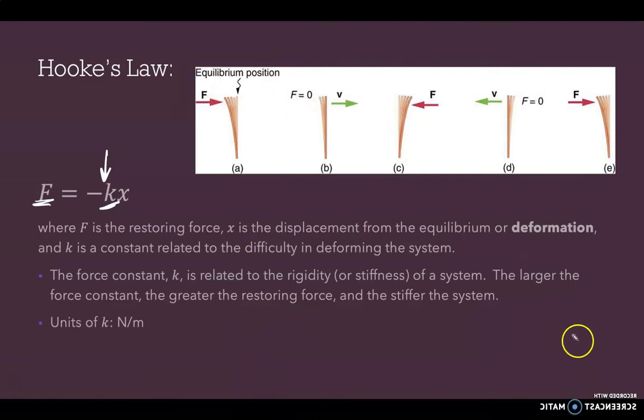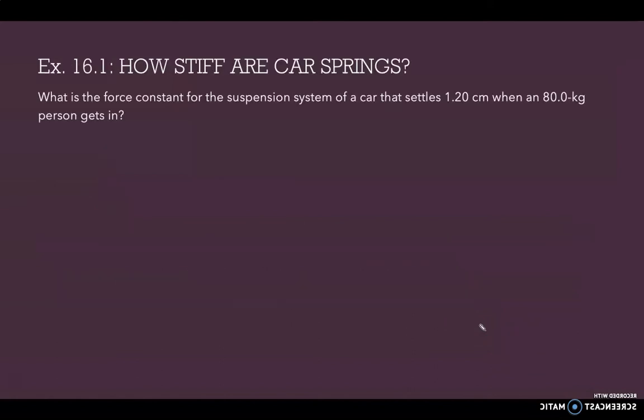One thing that I should note are the units of this constant are Newton per meter. Okay? All right, moving right along, we're going to go ahead and get into an example.